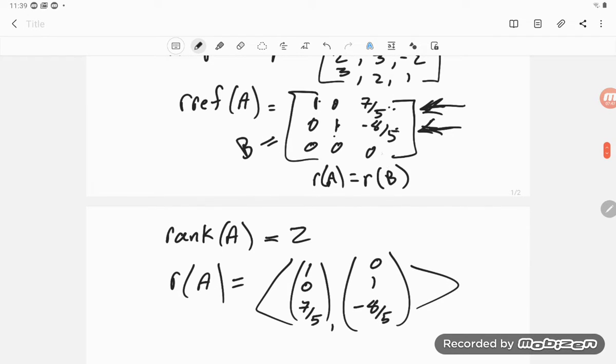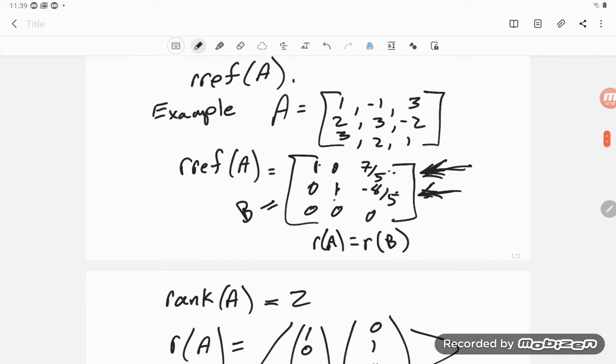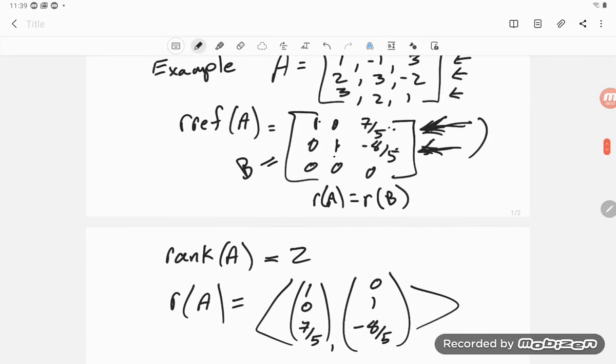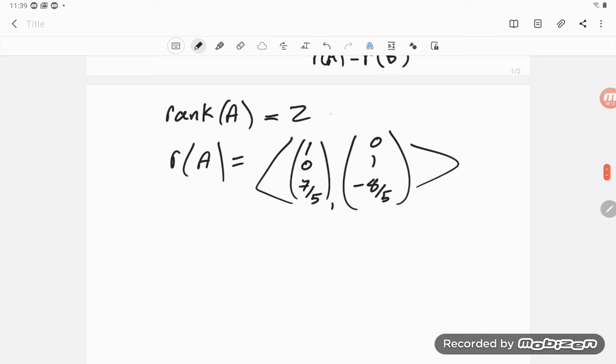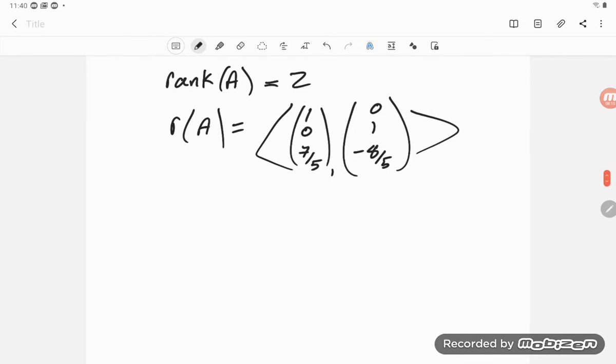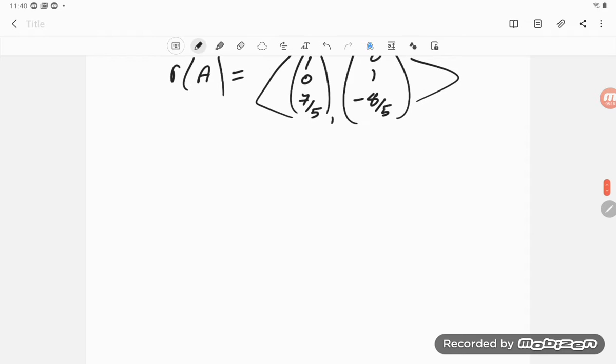And so this set spans the same thing that the rows of A span, these three rows. But this is definitely a linearly independent set that spans the space, and so it's a basis. And that also tells us that the rank of A is 2. Okay, so that's finding a basis for the row space. Try to not get my columns and rows mixed up here.